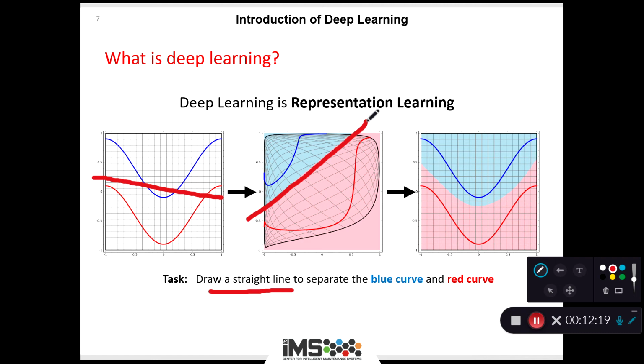And we can also project the data space back. And this is our decision boundary. If we project the space back to the original space, we can see our decision boundary is like this. So deep learning basically learns another representation of the raw data. It can help us to address many problems that are very difficult or even not possible in the raw data space.